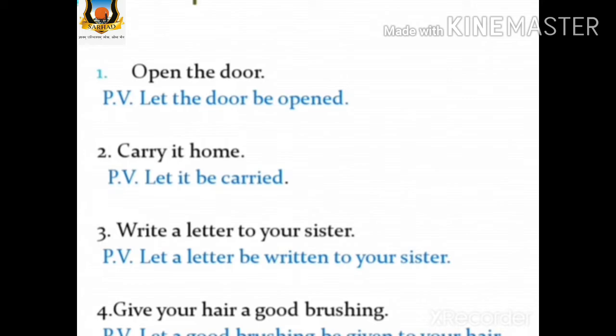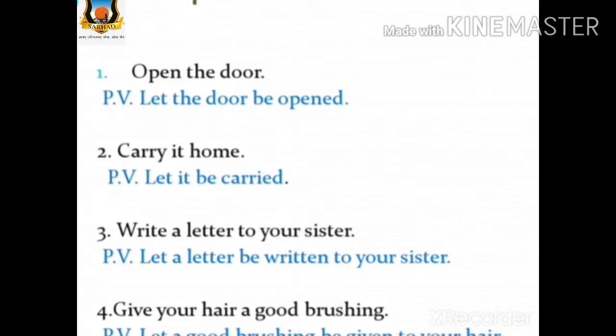Understand? So give your hair a good brushing is converted like this into the passive voice. Clear, everyone, students?